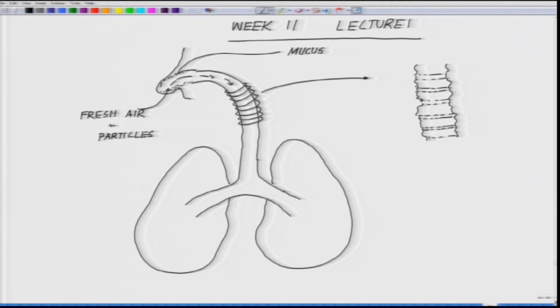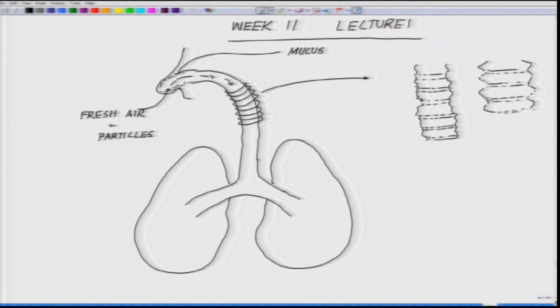And when it inflates, it becomes something like this. This is your trachea, which is cartilaginous tissue, and it expands pretty neatly.